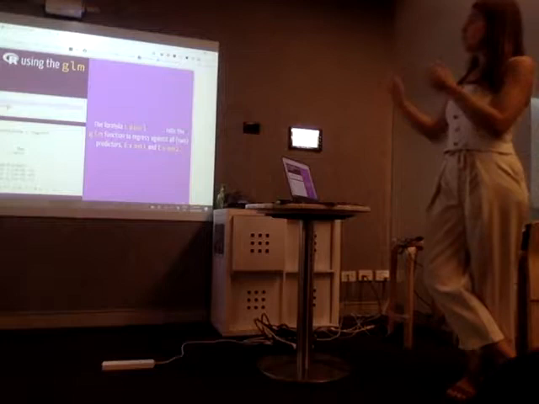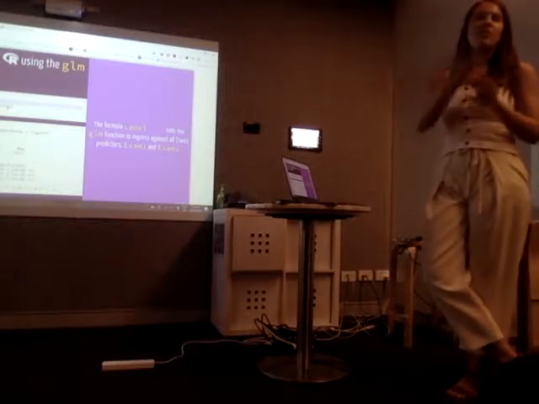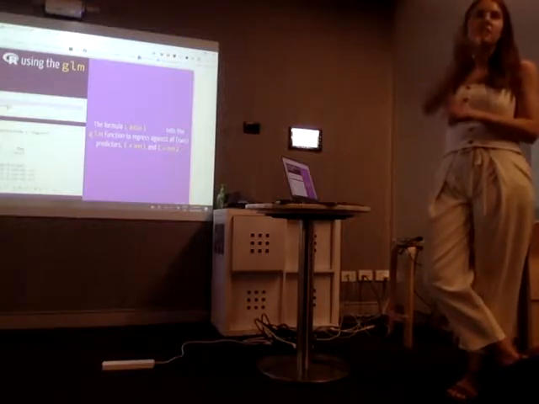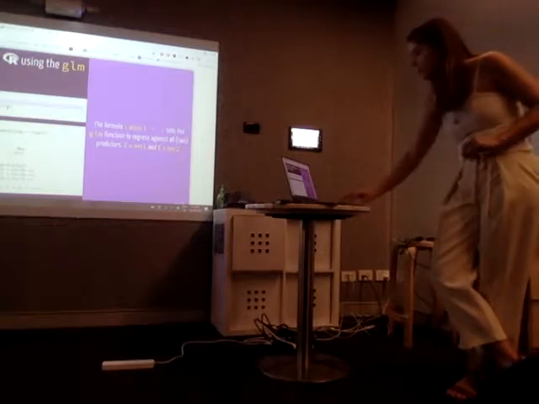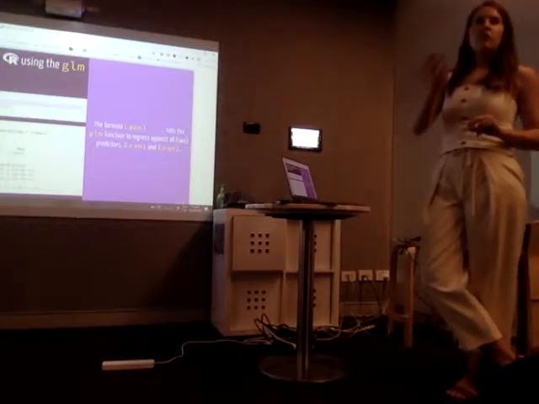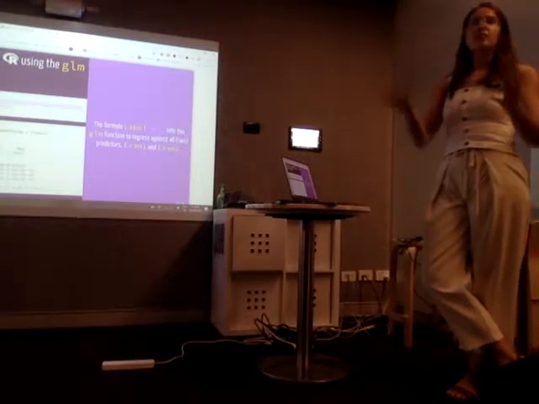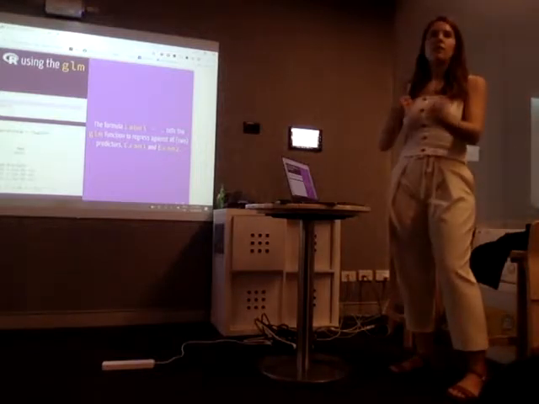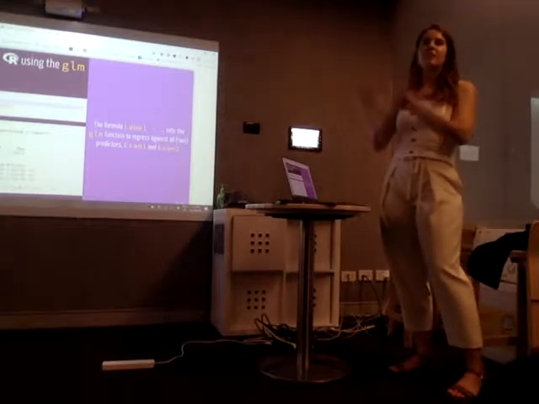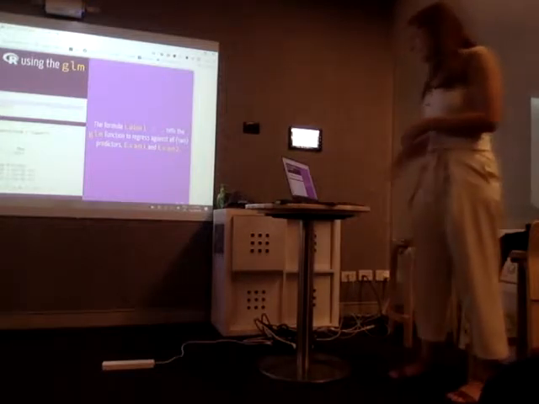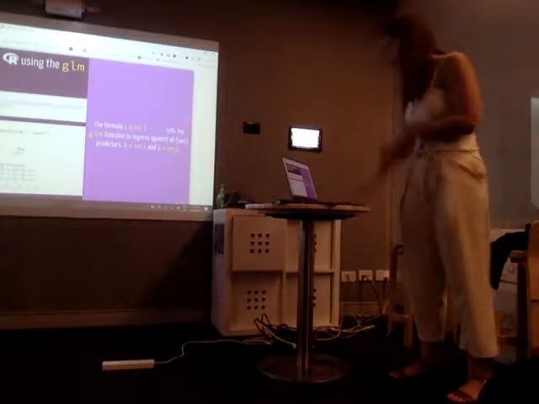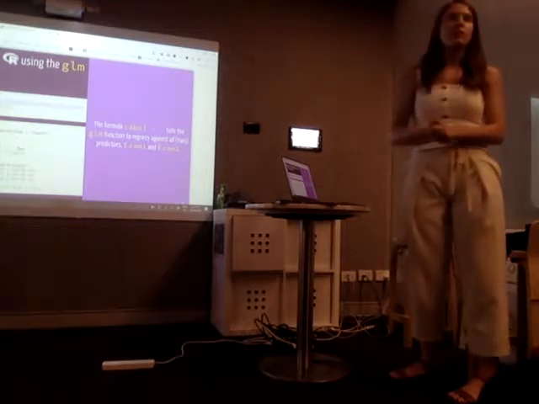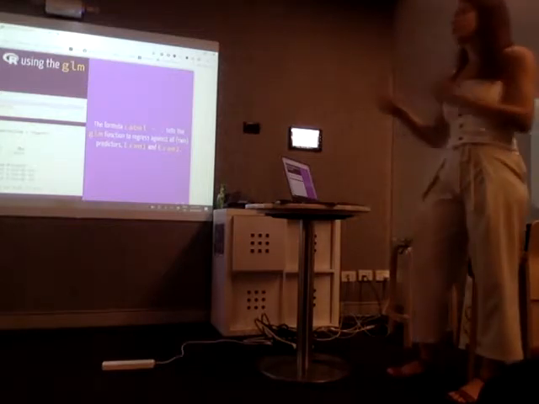But if you do want to use all of them, imagine you had a really big data set, you wouldn't want to be writing out every single variable. If you just write tilde dot, R knows to look at every single predictor in your data set. So in this case, R is going to be looking at information from both exam 1 and exam 2. And just to be consistent, I'm going to use a logistic function again, so logistic regression.